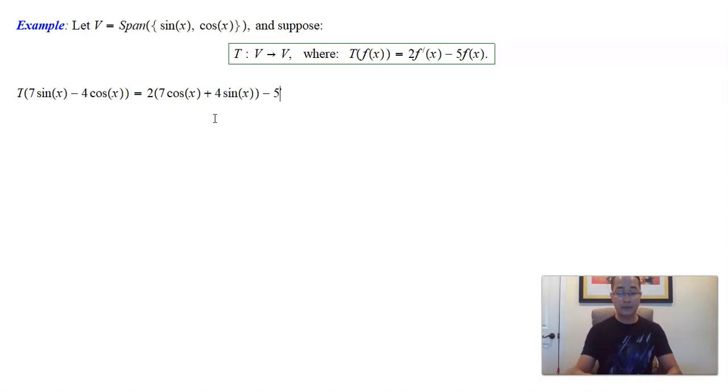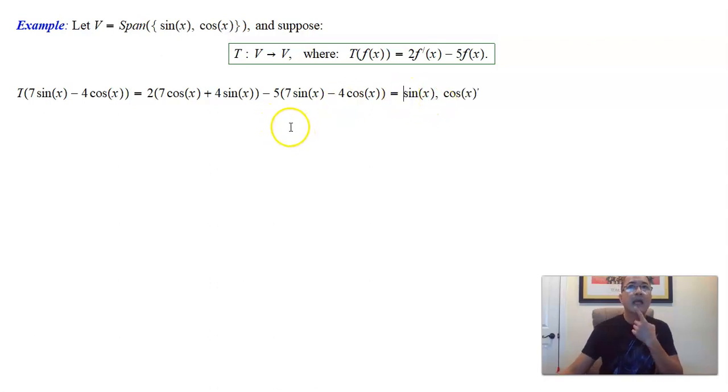Minus 5 times the original function. So don't do anything, just copy the original function. So do we still get a linear combination of sine and cosine? We better. How many sines do we get? 4 times 2 is 8, and minus 5 times 7, minus 35. 8 minus 35 is negative 27.